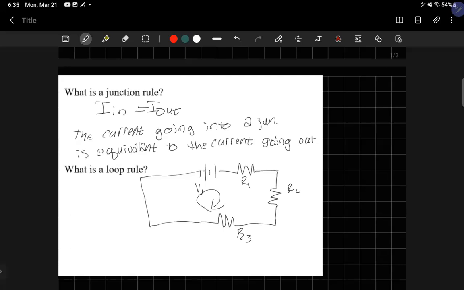The sum of my currents within this, well, not, I guess not sum of current, I guess some of my voltages within this loop should be equal to 0. So I guess I would write that the sum of voltage in loop 1 should equal 0.